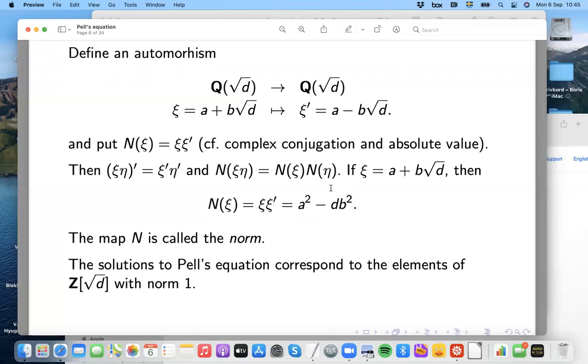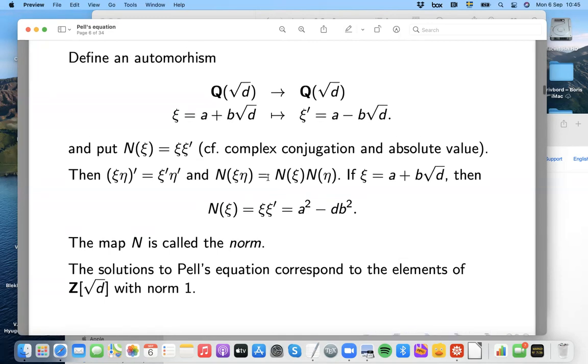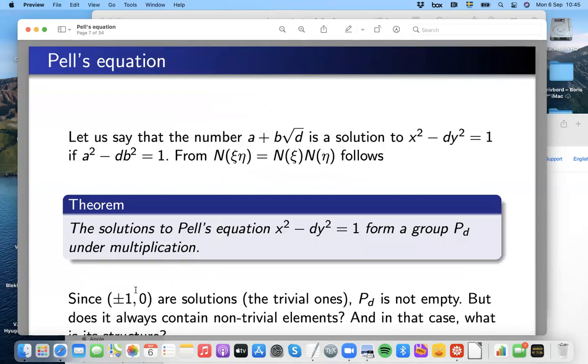Now this is exactly the left-hand side of Pell's equation, and to solve Pell's equation means that we'll be looking for all elements with a and b being integers and such that their norm is equal to 1. So in other words, we'll be looking for solutions in Z instead of Q of the square root of d having norm 1.